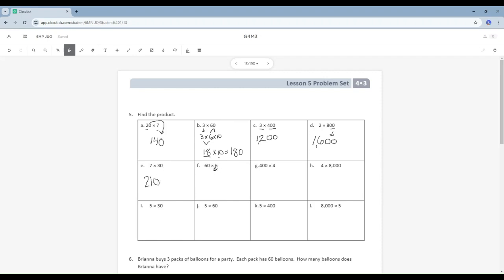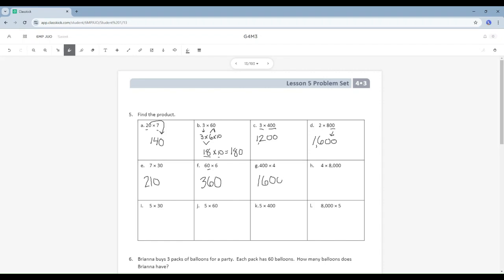60 times 6, I'm going to think of this as 6 times 6, which is 36. And this 0 is coming along because it's not 6, it is 60. So we're multiplying 6 times 60, so we're multiplying by a 10. 400 times 4, I'm going to think of it as 4 times 4, which is 16, times 100, because we're multiplying by 4 hundreds.